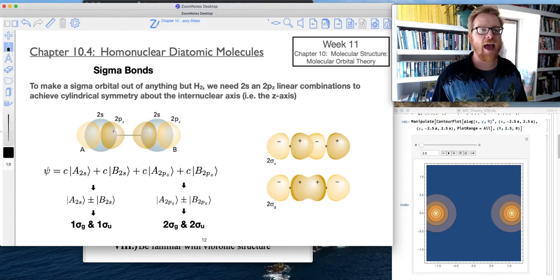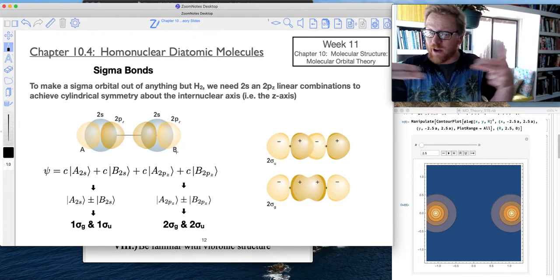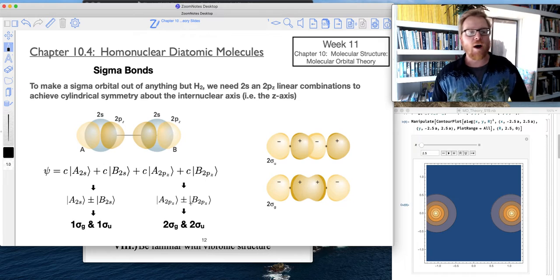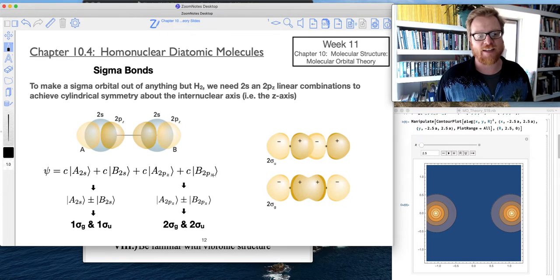So now if you look at this, this is the 2s and the 2pz superimposed. And I'm going to do the same trick here, right? Where I've got atom A and atom B, and we're going to make them scale in and out of each other. Well, if you look at the complete basis set for this, okay?